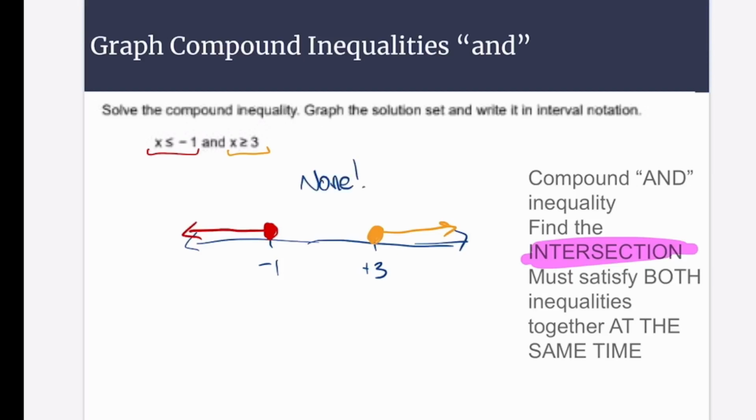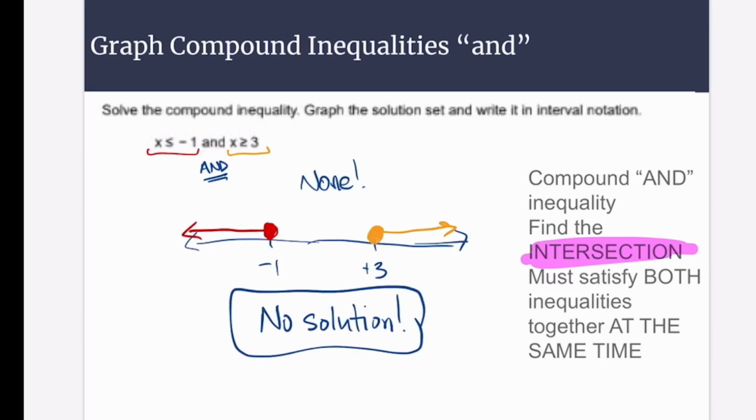There is none. There is no space where there is both red and orange together. This inequality has no solution. No intersection, no solution. So graphing them separately is going to help you kind of visualize everything that's happening.